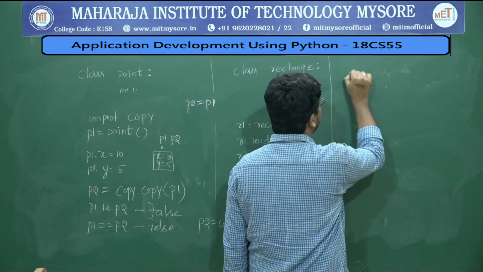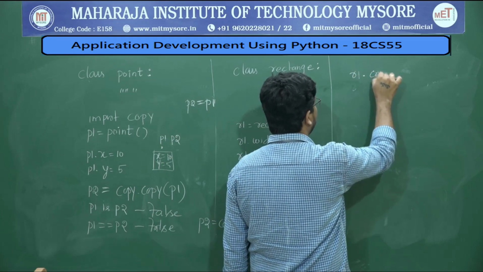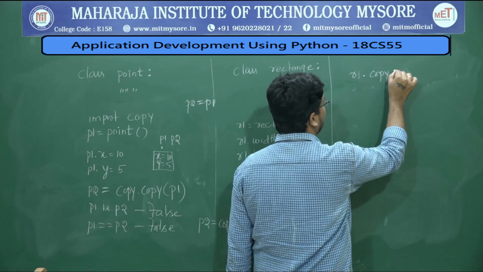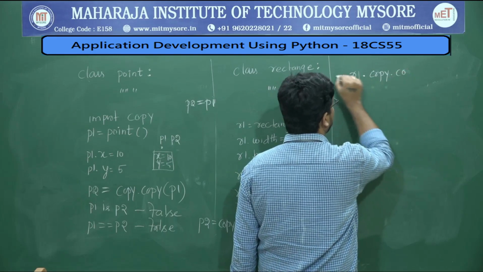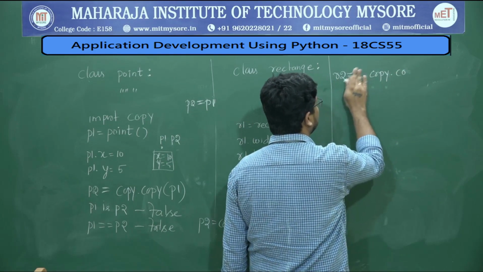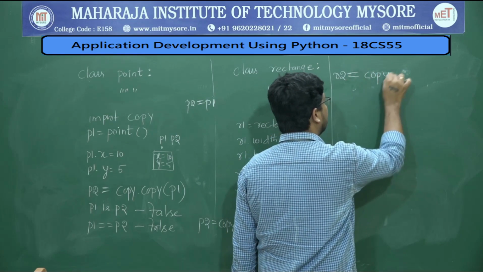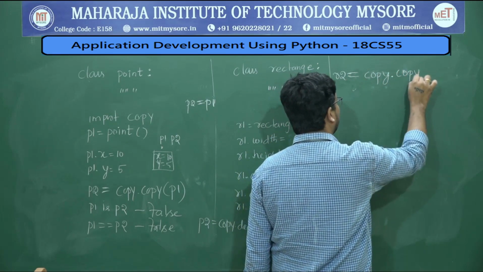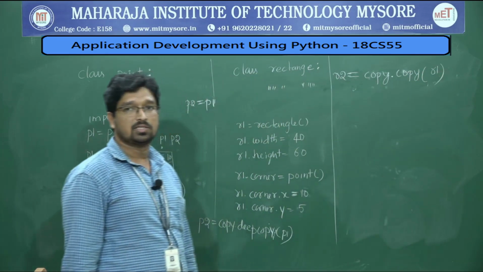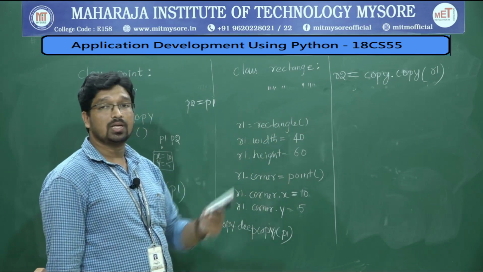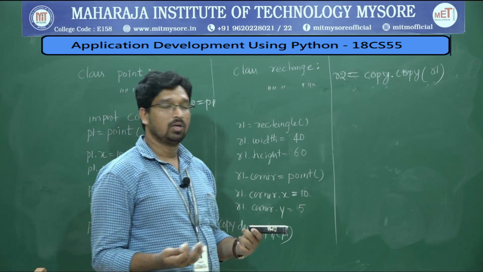You should write R2 is equal to copy dot copy of R1. Now if you write like this, this will create two separate copies. Yes or no? Yes, right.